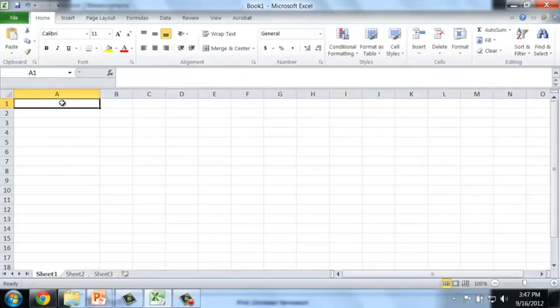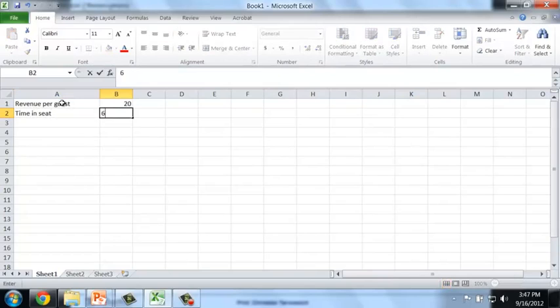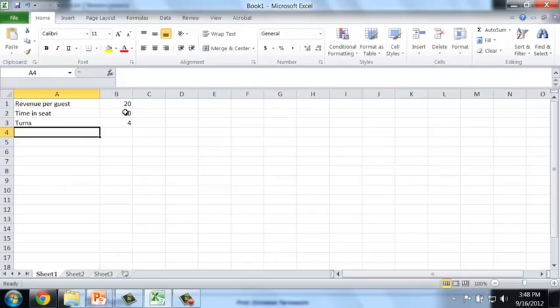Alright, let's start with the revenue calculations. We begin by looking at the revenue that we get per guest, $20. Then we have the time that the guest is in the seat plus the cleaning time, which we said right now is 60 minutes. That allows us to turn the table 240 minutes divided by 60 equals 4 times.